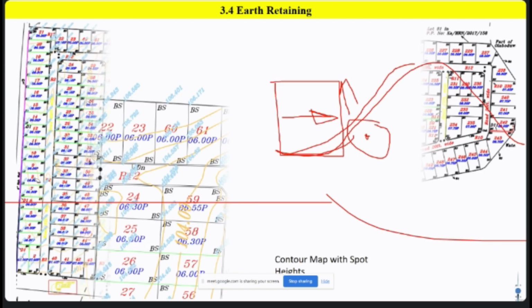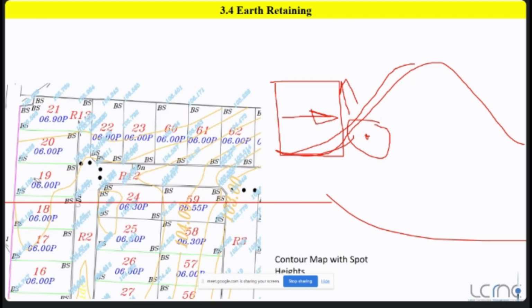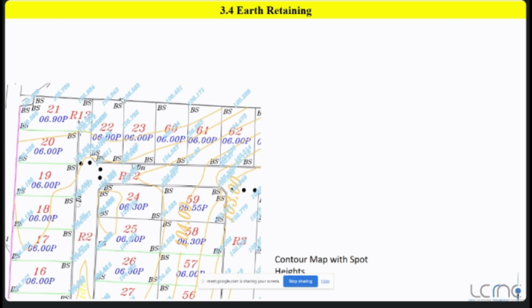Now I'm going to explain these earth retaining structures. This is the contour map, and I have explained what a contour map is.